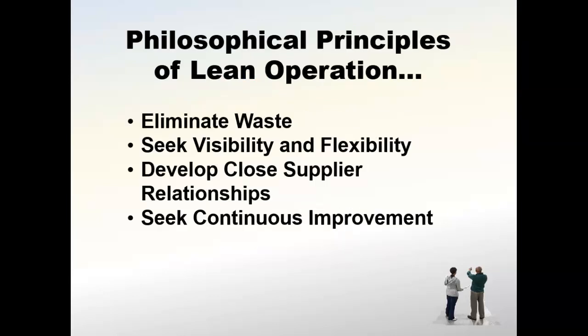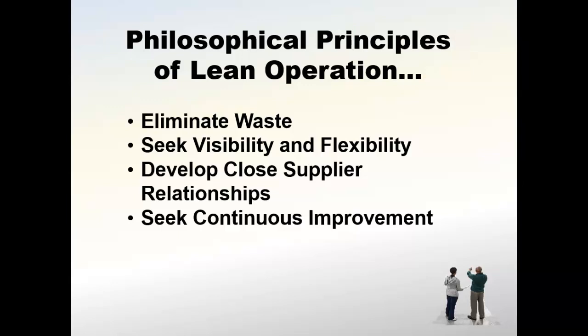Now, because lean operations are often created from existing systems that had operated previously under such an older style of production planning and control, outside consultants are often brought in to initiate the transformation of processes. Now, these consultants assess the operation for early opportunities to eliminate waste and educate participants on the underlying principles so that they may carry the transformation further.